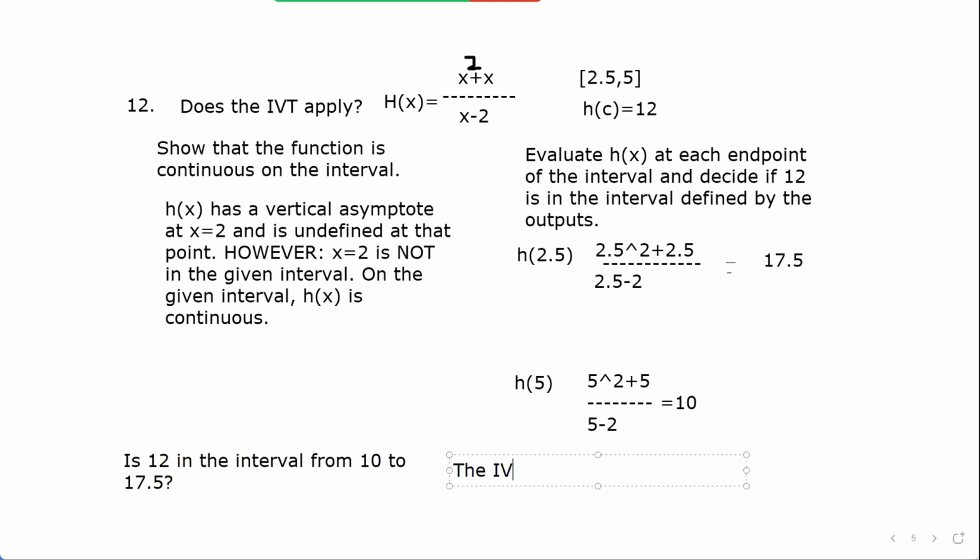So the IVT applies since, actually let me write before I do that, 10 is less than 12 is less than 17.5, right?